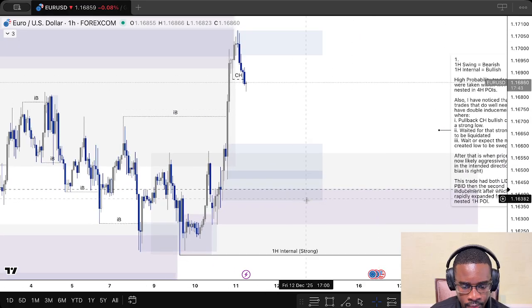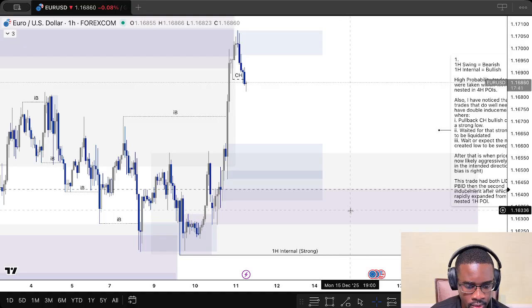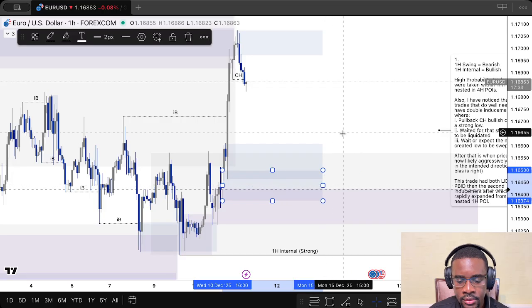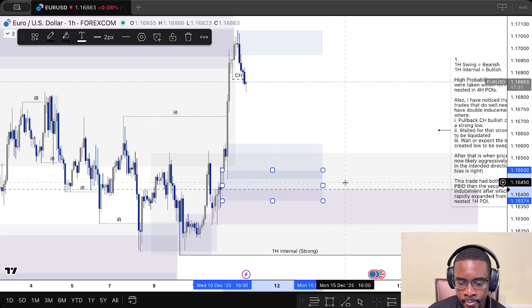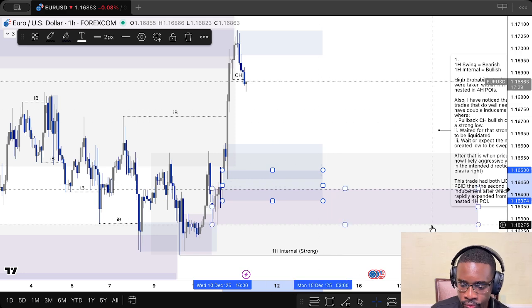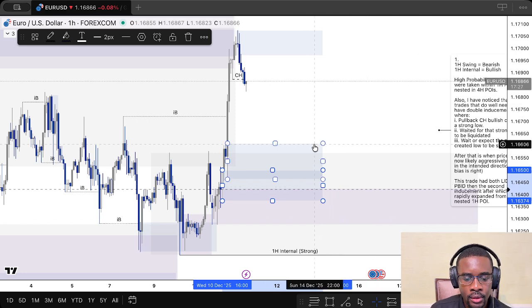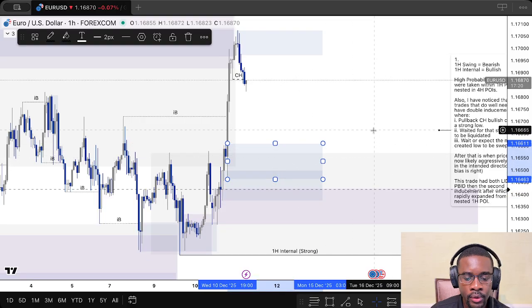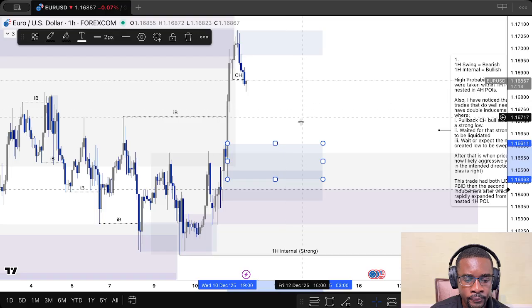Okay, so when we look at where our 4 hour is, our 4 hour is right there. This is where it starts, and then this lower POI at least sits on the proximal line of the 4 hour POI. However, the top one sits at the proximal of the daily POI. So either of these two could work.